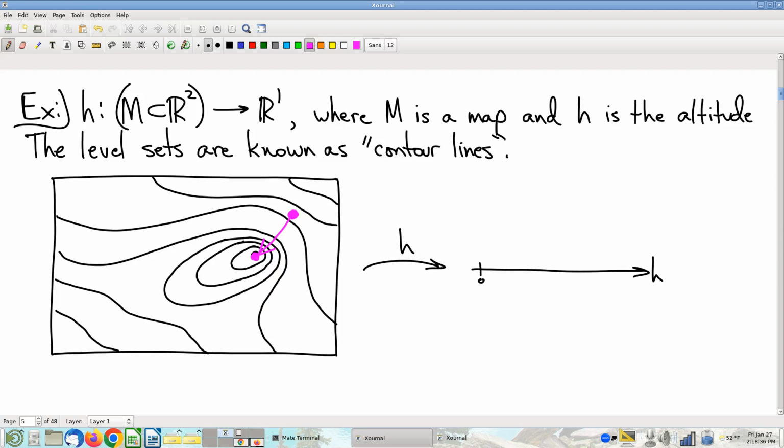You're therefore gaining a lot of altitude over a very short horizontal distance. That means it's super steep. When the lines are close together, that means steep. So the smarter move, at least for a non-aggressive hiker such as myself, is don't go straight. Oh my gosh, that's way too hard. Do something like this.